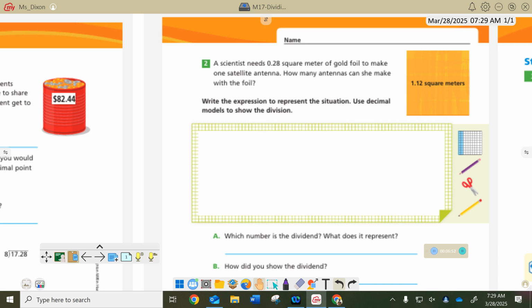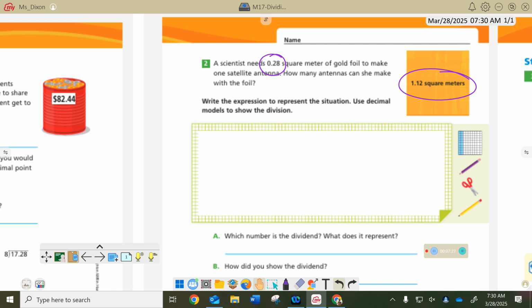A scientist needs 2,800 square meters of gold foil to make 1 satellite antenna. How many antennas can she make with the foil? Looking at our problem, we see that she has 1 and 1,200 square meters of gold foil. She's going to split it into groups of 2,800 square meters.